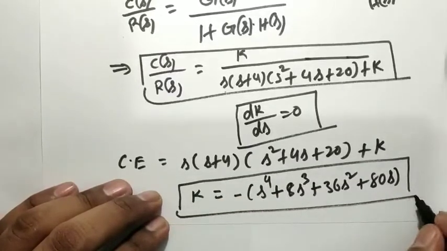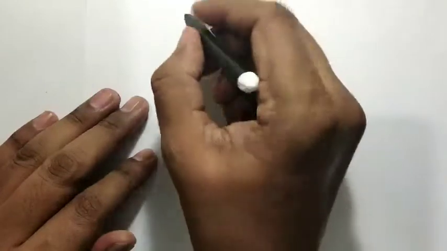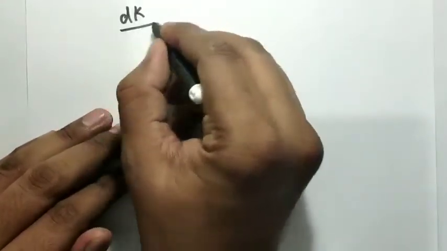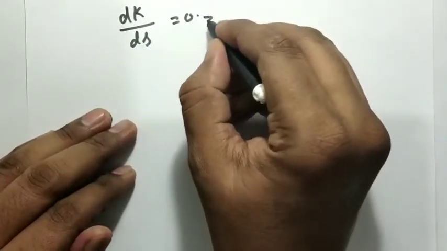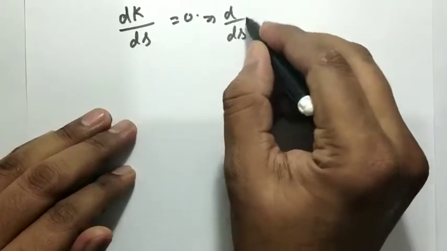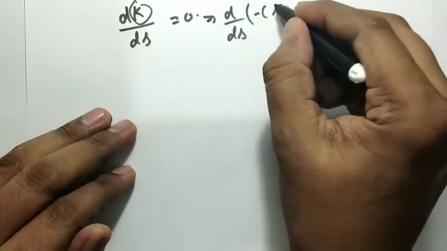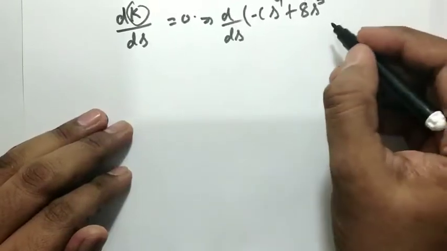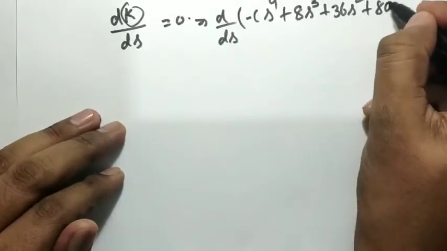So now differentiate the k value with respect to s, so dk by ds is equal to 0, that we have to do. K is equal to minus of s power 4 plus 8s cubed plus 36s square plus 80s.